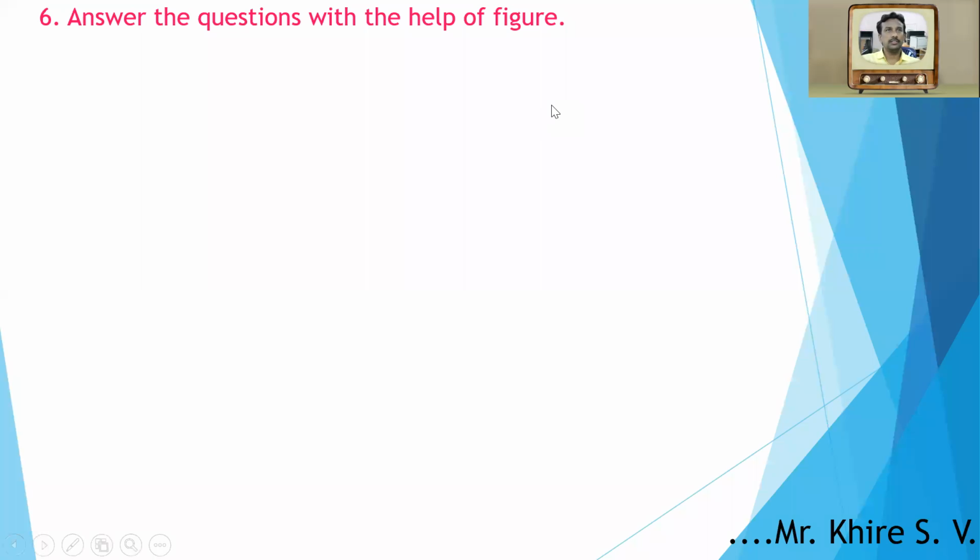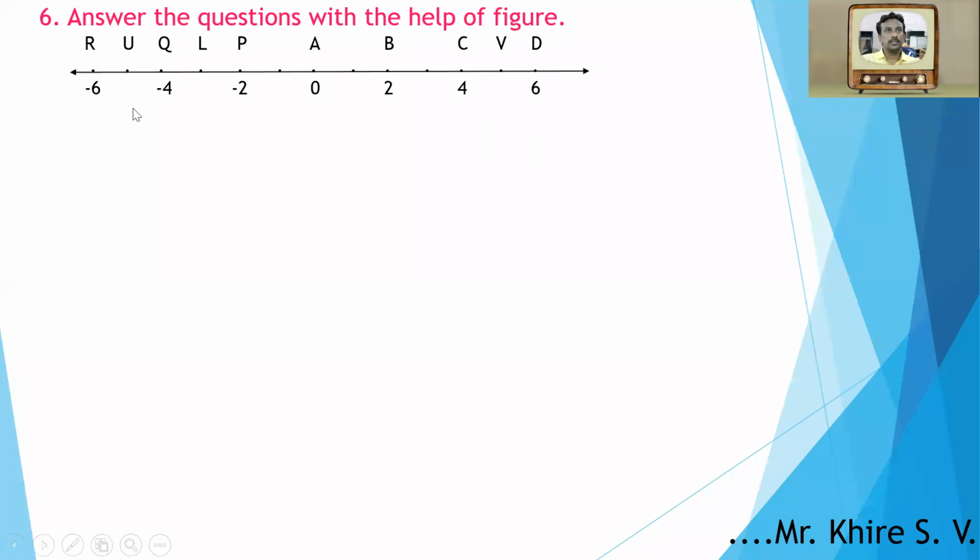Question number 6. Answer the questions with the help of the figure given. There is a number line and some points and their coordinates are given. Observe the figure and write down the answers.